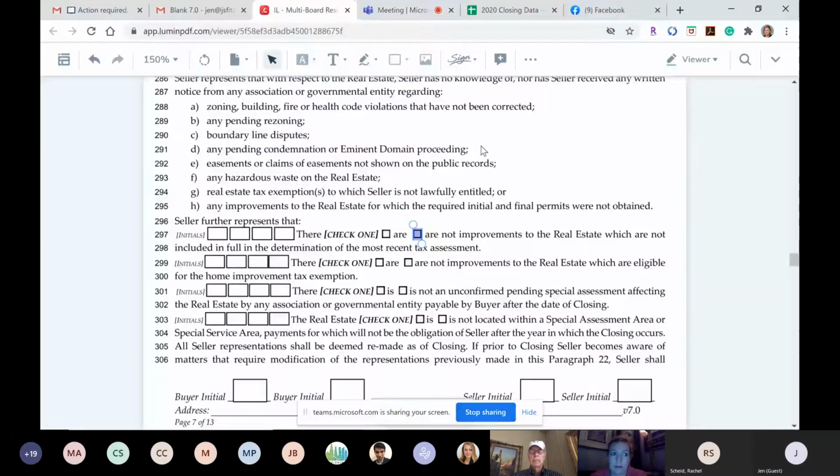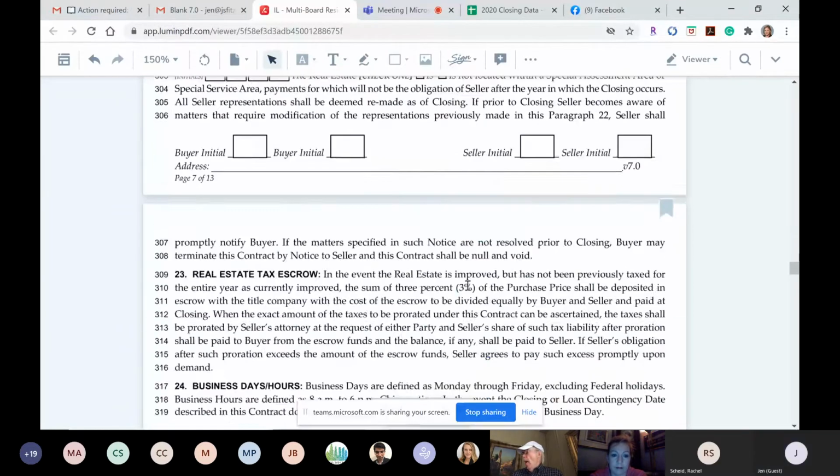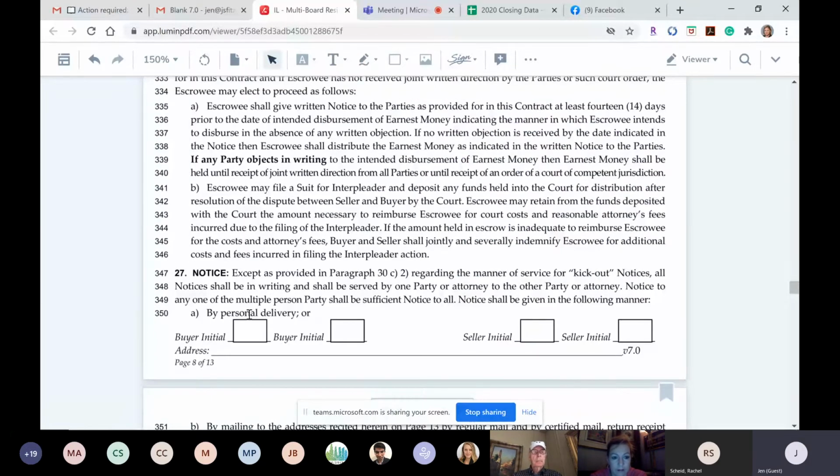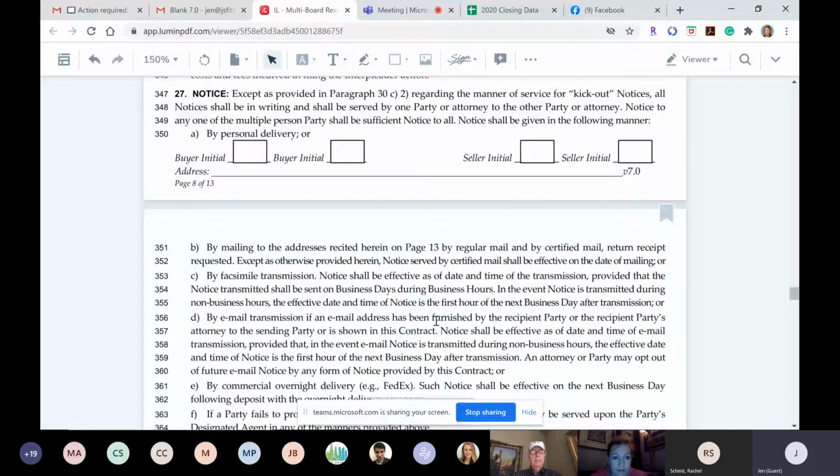Okay. So you're just going to have your seller initial and check all the appropriate boxes here, okay? I'm skipping a lot of this. Again, nothing for you to do here other than initial on the boxes below.